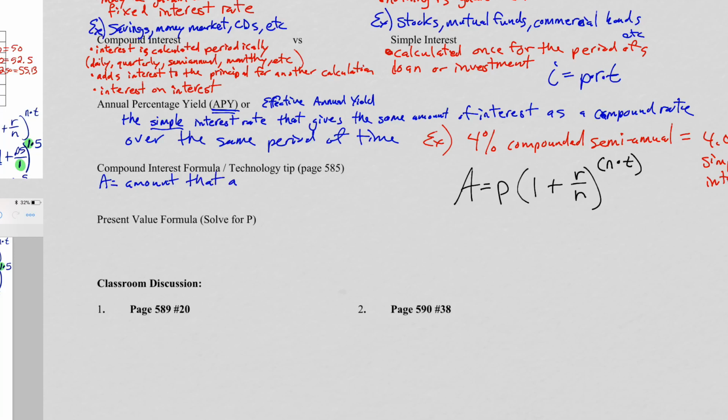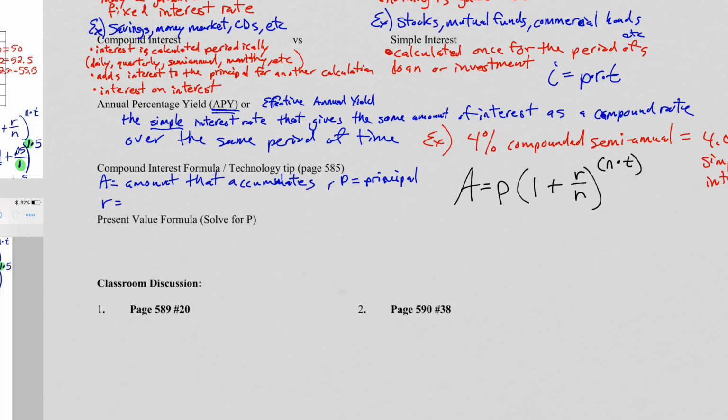It's an accumulation of money or of numbers. It's the total amount in your account. And then P would be the principal, as usual. This is the amount that you're investing.